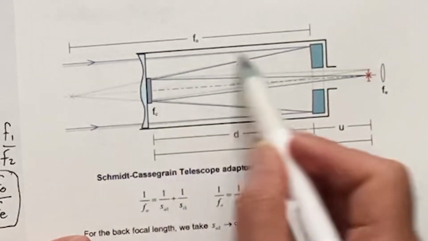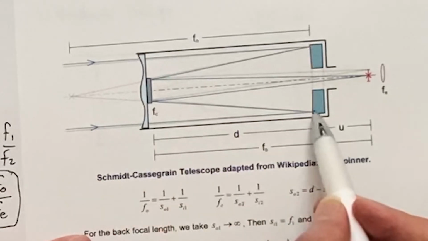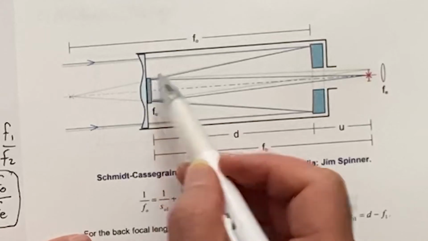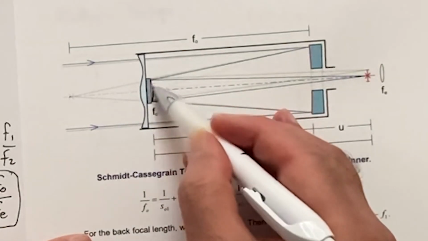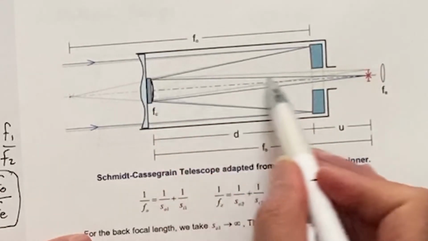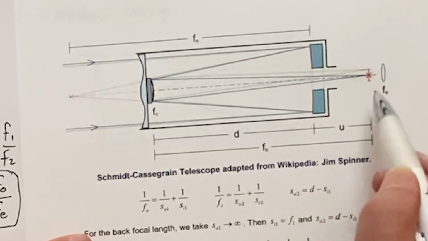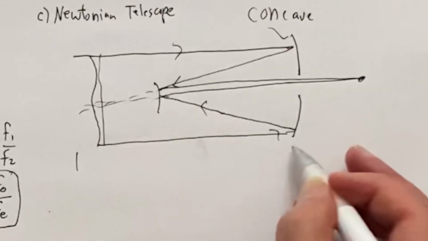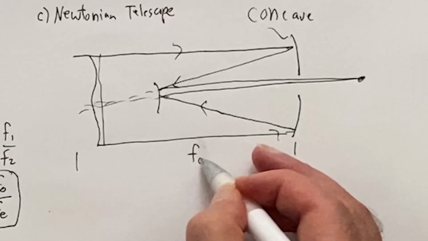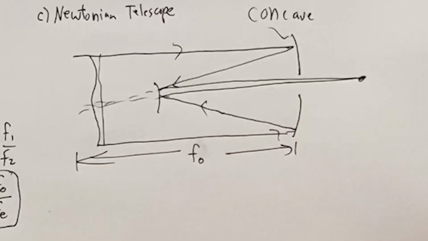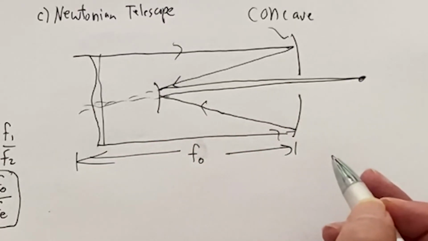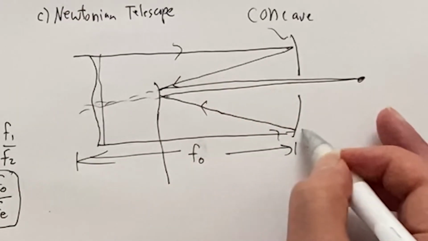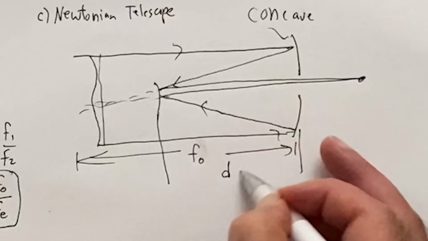So parallel light would reflect to meet there, but gets intercepted by the cute little convex surface, and then comes out over here. So you have your parameters here. Somewhere like this is your objective, right? And then you have the distance between this mirror and that one, that's your D.